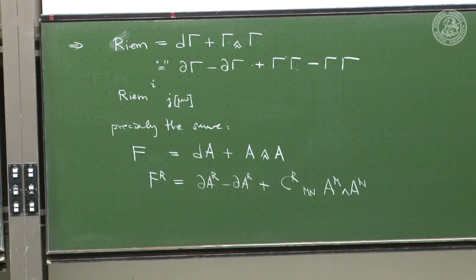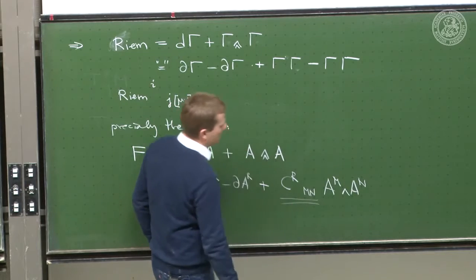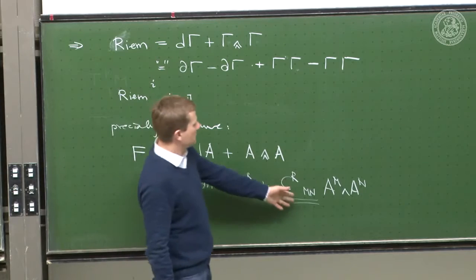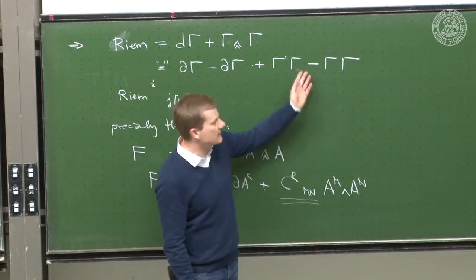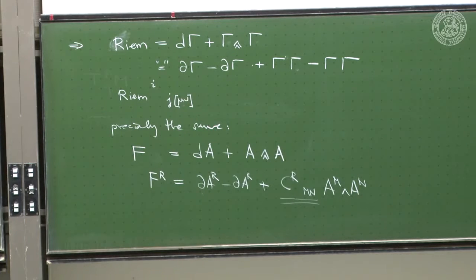This is the kind of expression you see in non-abelian gauge theory, but it's precisely the same stuff, and here these guys simply encode the double Lie bracket, whatever it is. And mostly you can also write this in matrix form with a commutator. But it's precisely the same.